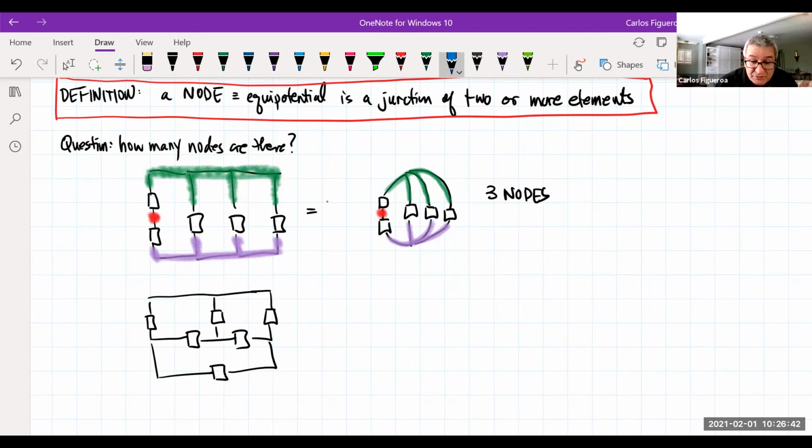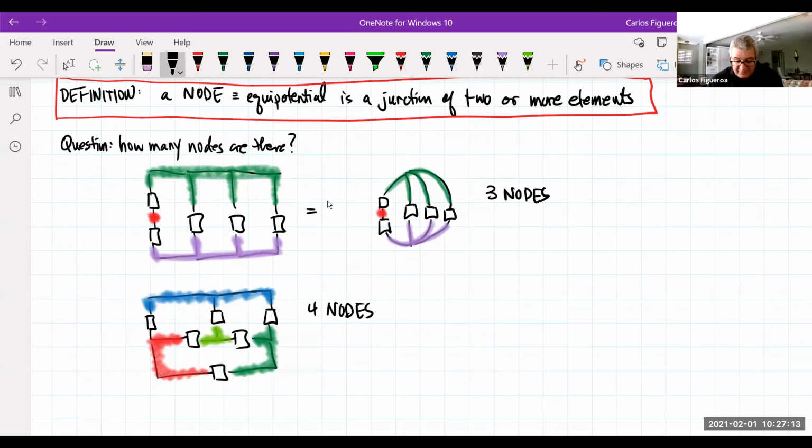Remember, they're equipotentials, so they must have the same color. There's one right there. I could pick another one right here. And then I have this guy. And then lastly, this guy right here. Looking at how I'm coloring these, in this case, I have 4 nodes. So your ability to identify nodes becomes super, super important here.